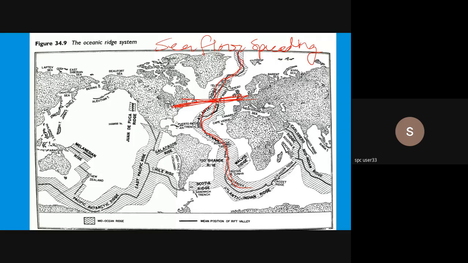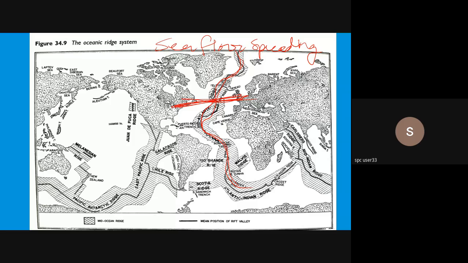This was a fantastic discovery, basically because when they went into the details of understanding this, they found that along this particular Atlantic ridge, the seafloor had a lot of volcanic activity, and it was this volcanic activity which was pushing these two continents away from each other.